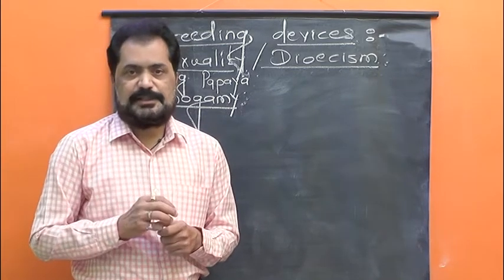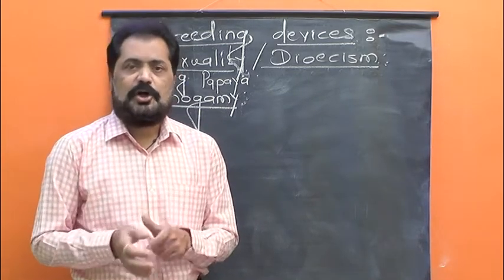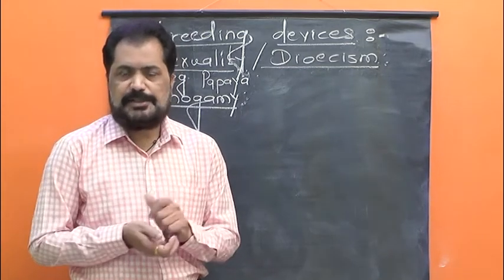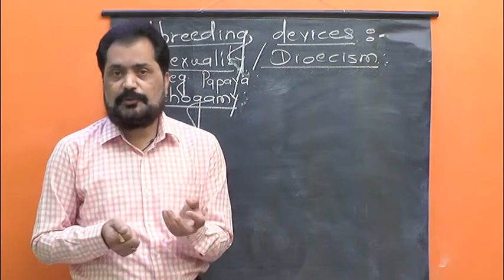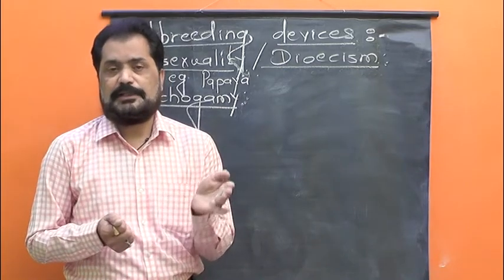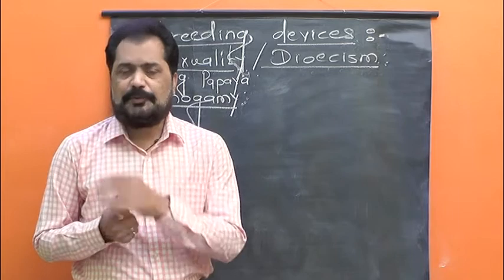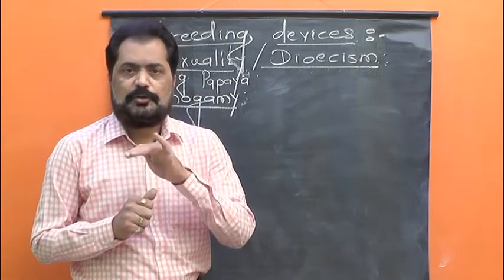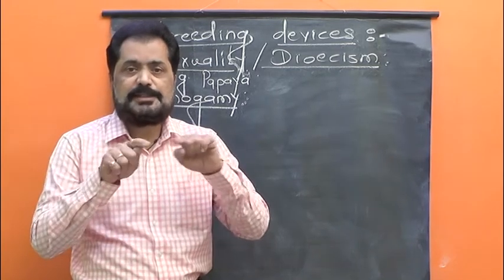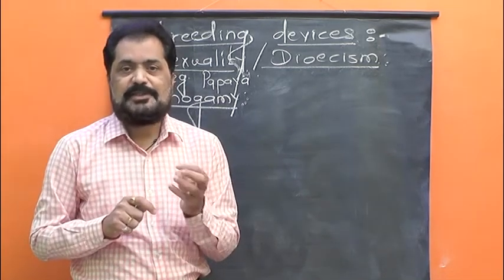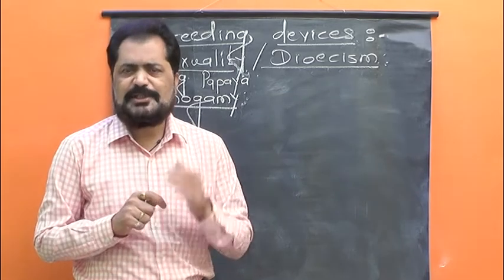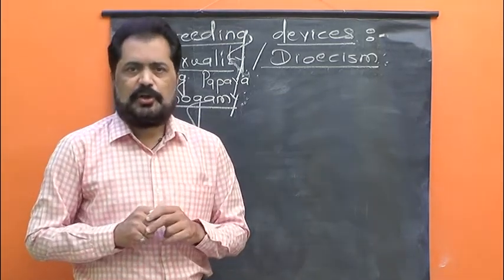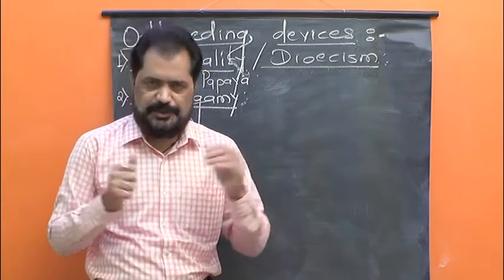There is difference in the maturation period of androecium and gynoecium, and thus the male reproductive whorl, androecium or stamen, and the female reproductive whorl, gynoecium or carpel, do not mature at the same time. Hence, there is very rare chance of self-pollination, and cross-pollination is obligatory.